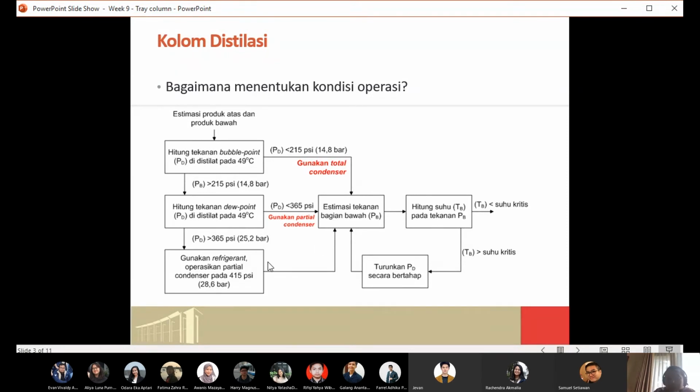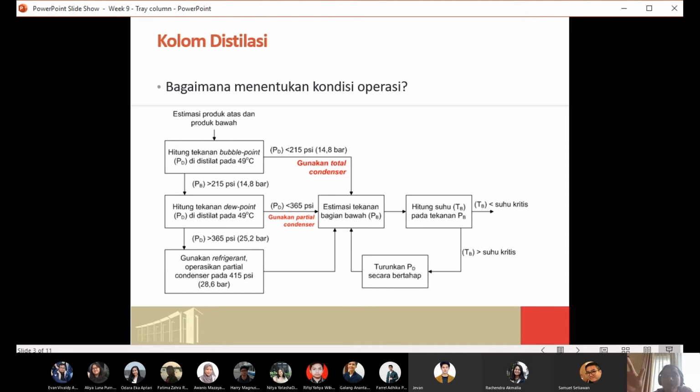And how about the bottom side? In the bottom side, remember, the fluid is coming in liquid form to the reboiler, and you have to boil that liquid into vapor.